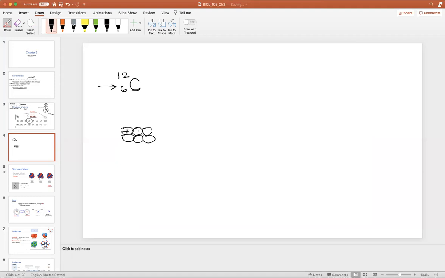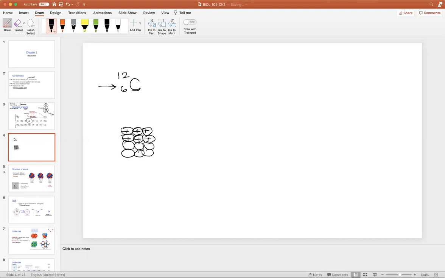And I'm going to put plus signs so we know that these are positive charges. And we have a 12 for our mass number, and that is the number of protons plus neutrons. I've already drawn 6 protons, so I must need 6 neutrons to make 12 items in the nucleus, and that reaches our mass number of 12.